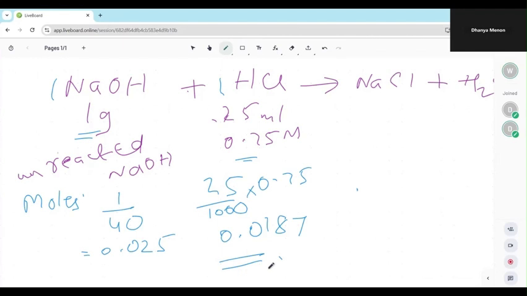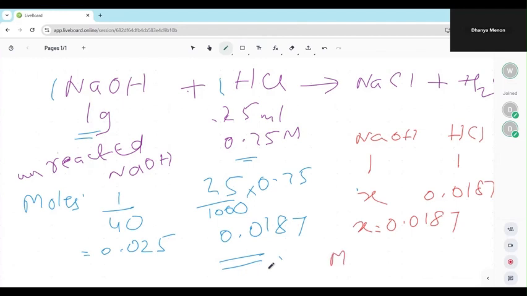Number of moles of reacted NaOH. Balancing number: 1 mole of NaOH reacts with 1 mole of HCl. So how many moles react with 0.0187, our limiting reagent? X comes to 0.0187. Okay, now this is the moles.